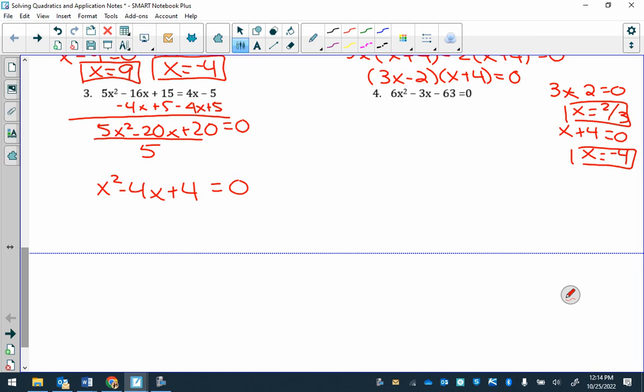So what does x equal? Just 2. And we only have to write it once. Try the last one.